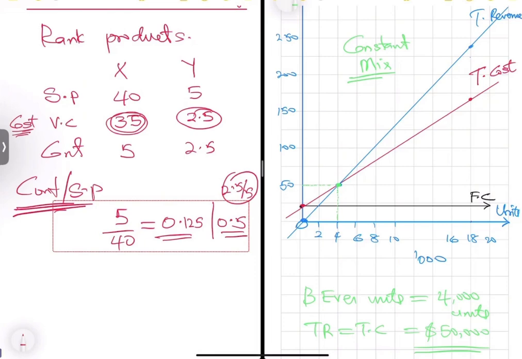So you don't take contribution in isolation when you want to rank products. If we want to rank two products, there is no other way than using your contribution margin. It's similar to your profitability margin concept, profit over selling price, but this time it's contribution over selling price.